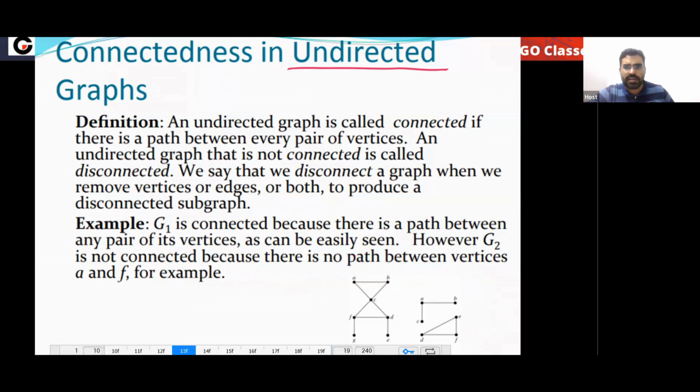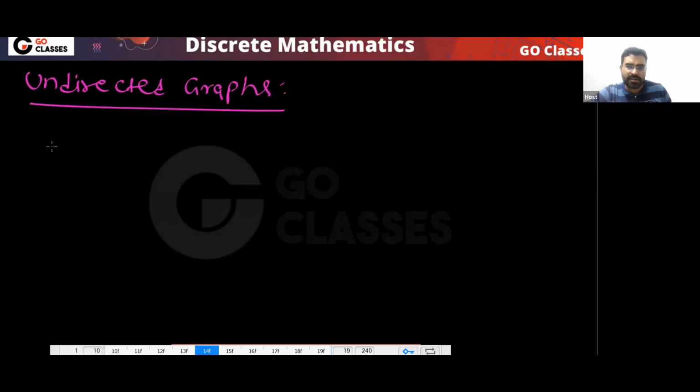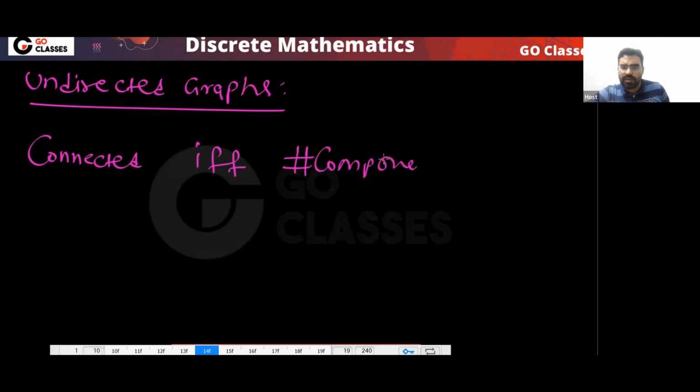So a graph is connected if and only if there is 1 component. I am talking about undirected graphs. A graph is connected if and only if the number of components is equal to 1.